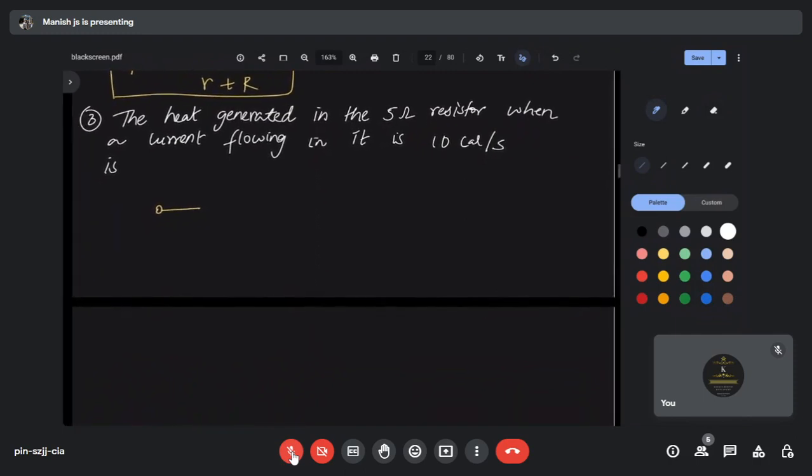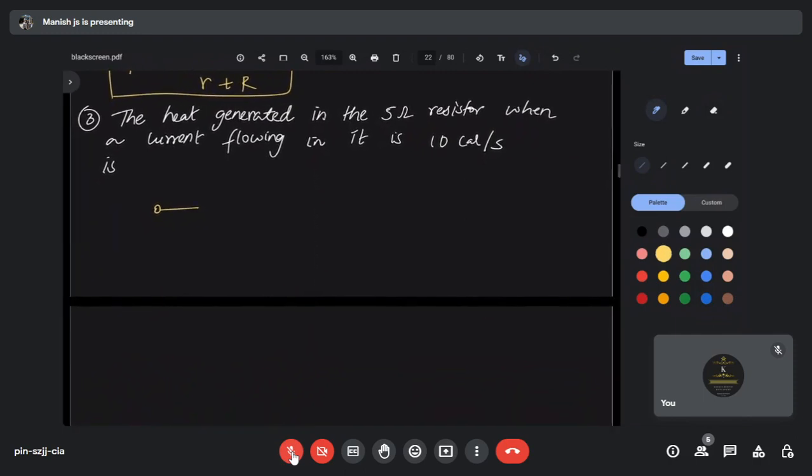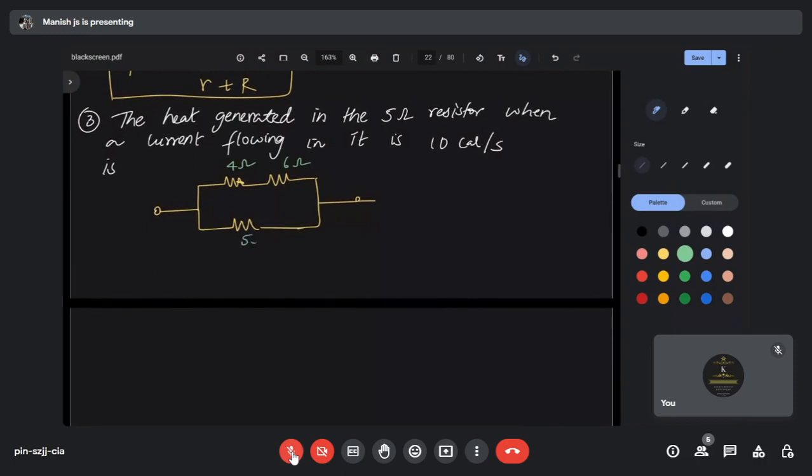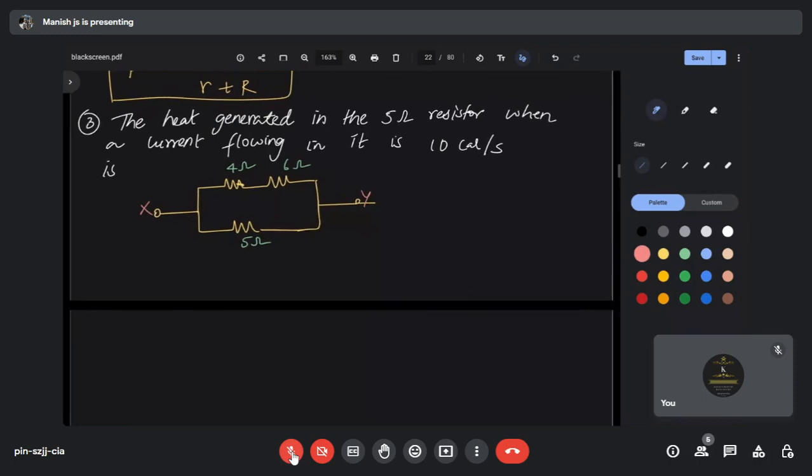Now going to the circuit. So the values of resistors are 4 ohms, 6 ohms, and you have 5 ohms. Okay. So options.